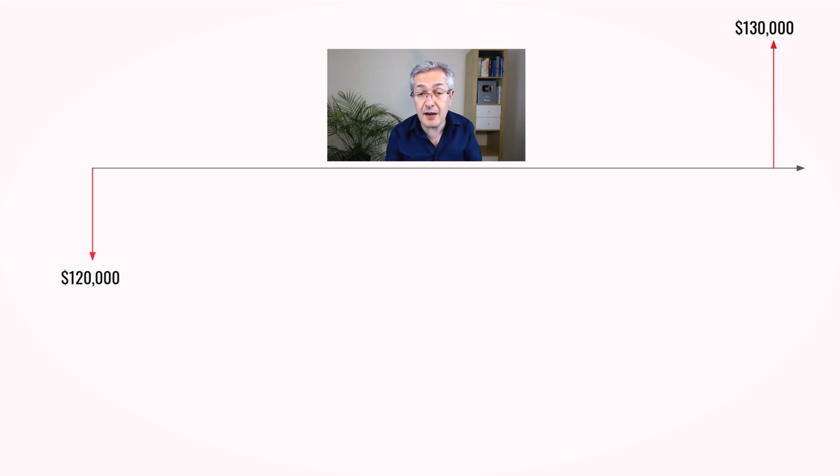So in this video, what we'll be comparing is what we've got in this top panel here, which is you put money into the markets. So let's say it's $120,000, and then you wait some period of time, and then you see what it's worth. So you could sell it for, say, $130,000. And what we'll compare that with is taking that $120,000 and splitting it up into lots of chunks of equal size.